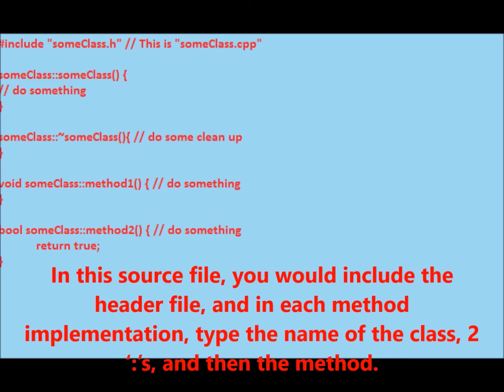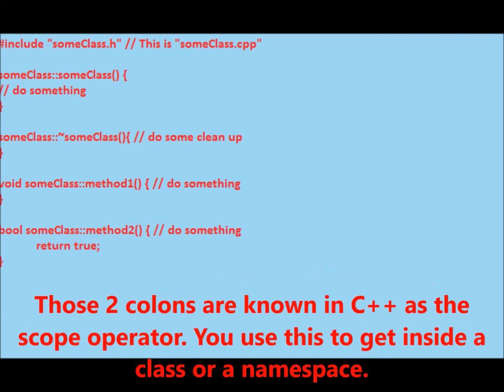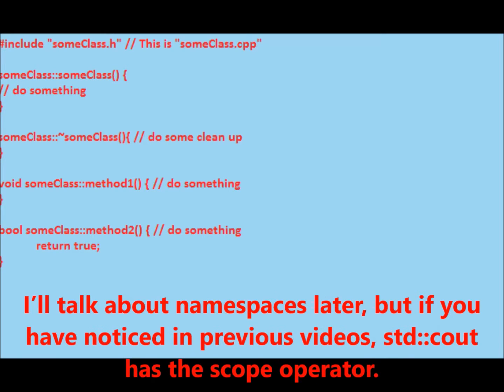In this source file, you would include the header file and in each method implementation, type the name of the class, 2 colons, and then the method. Those 2 colons are known in C++ as the scope operator. You use this to get inside a class or a namespace.